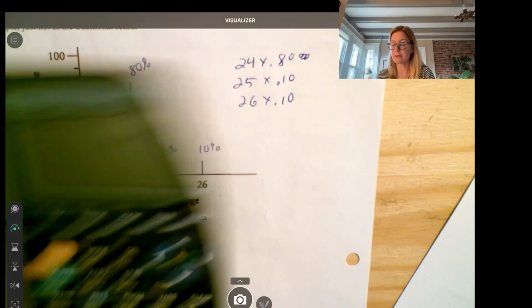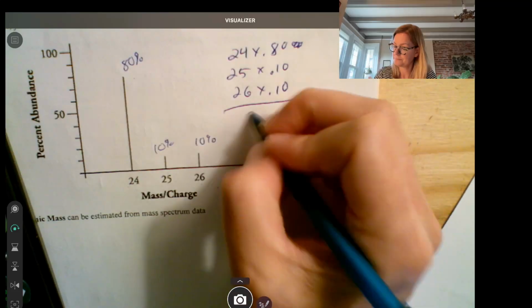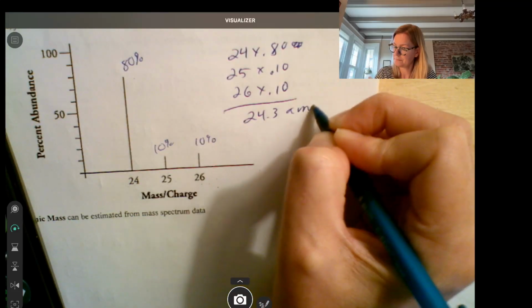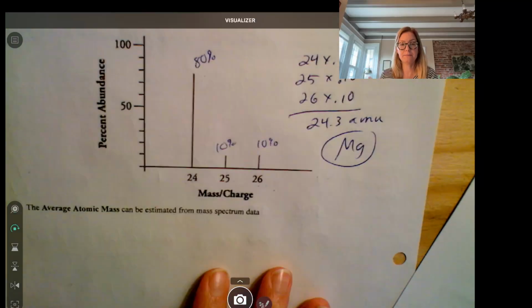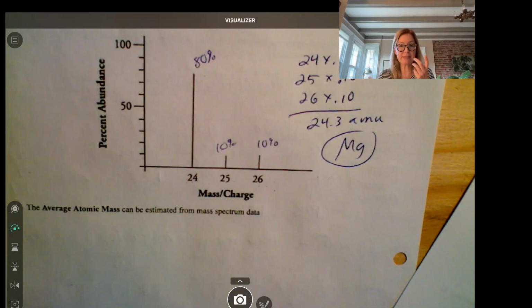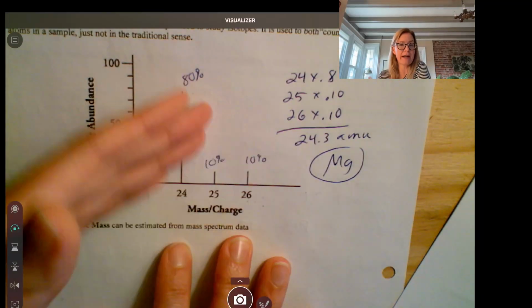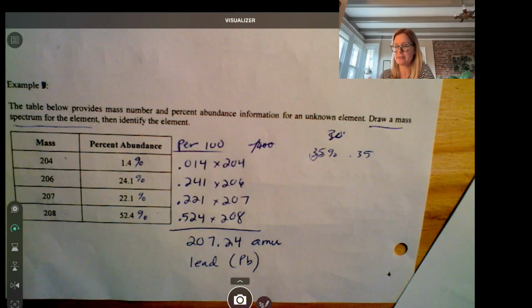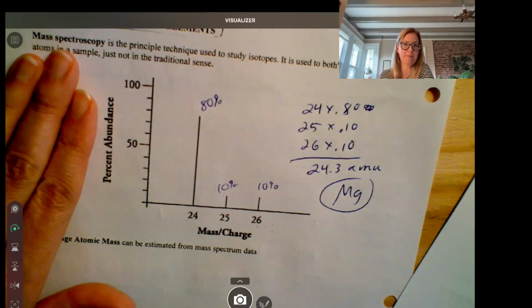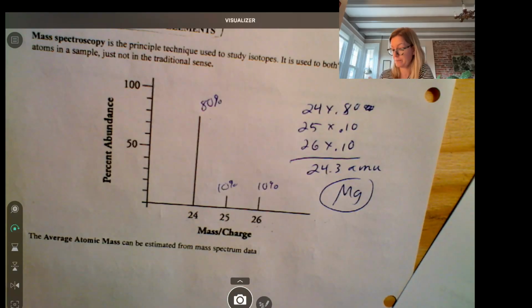You get 24.3. And this is magnesium, okay? So it's that simple, okay? Just think of it as a graph rather than a chart, okay? And it's quite easy. You don't really need to understand anything about mass spectrometry at this point, okay?